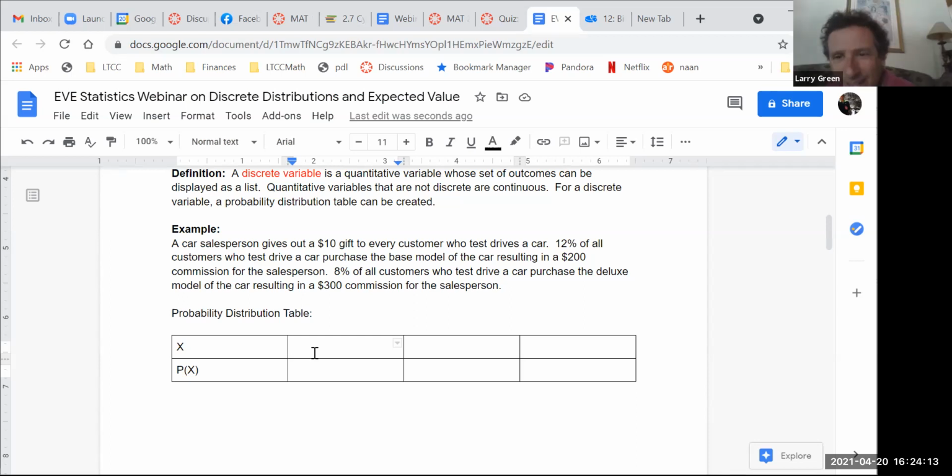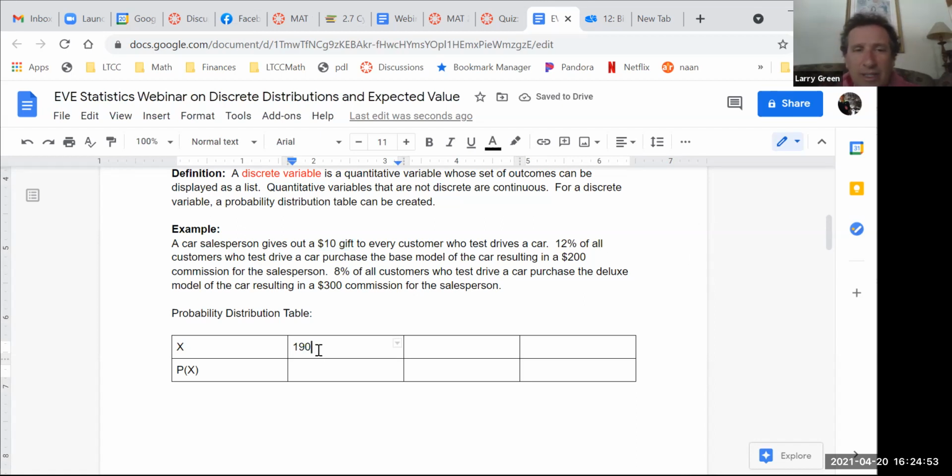Okay, so we got to remember, the definition of profit that you might have seen before is the revenue minus the cost. Does that sound familiar? The amount that you make minus the amount that you have to spend is your profit. So you're going to make $200, but you got to give that gift certificate out. They buy the car, you still got to give the gift certificate. So if you take 200 and you subtract 10, then you get 190.